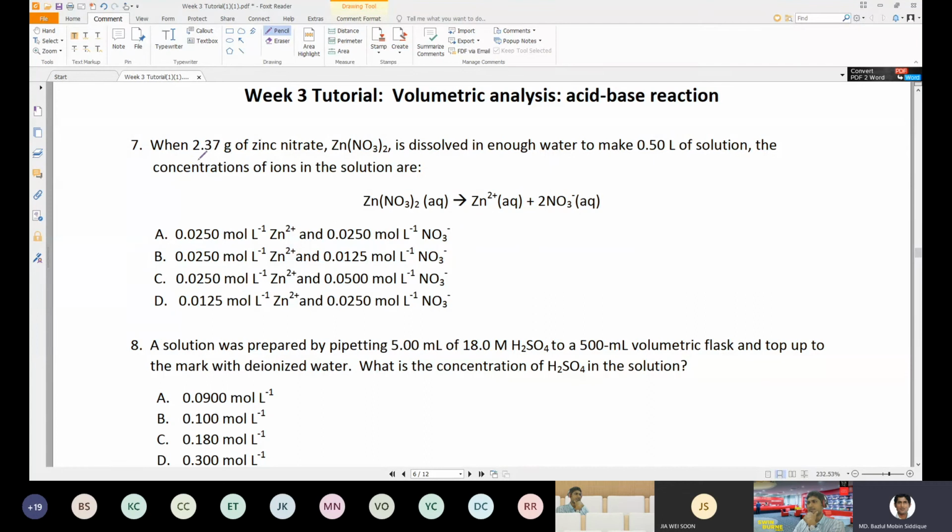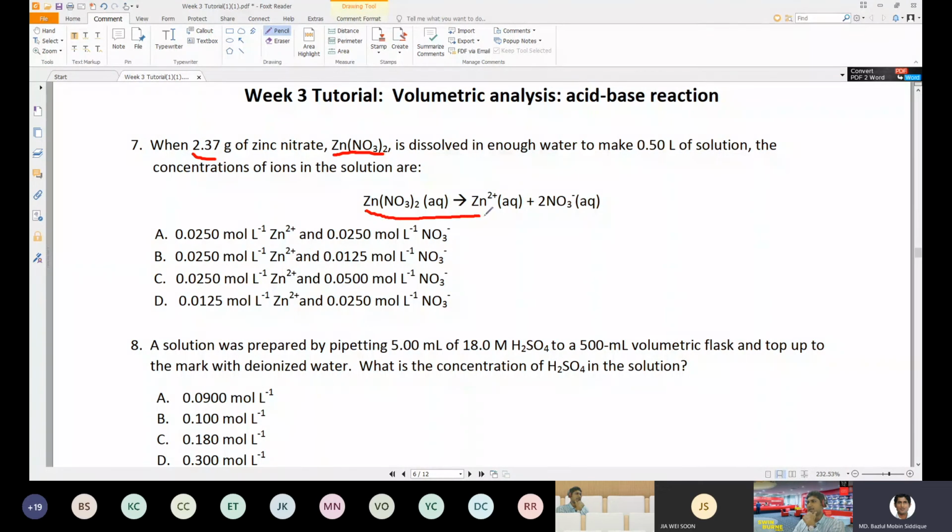Question number 7. When 2.37 gram of zinc nitrate is dissolved in enough water to make 0.5 liter of solution, the concentrations of ions in the solution are what? There are a few things to note here. There is 2.37 gram of zinc nitrate, and we see the chemical formula from here.